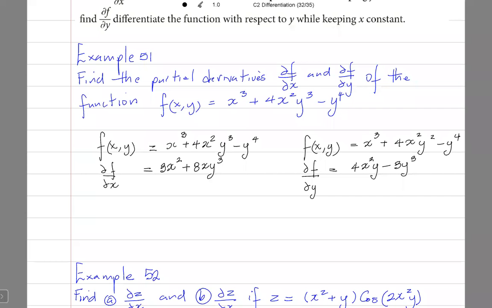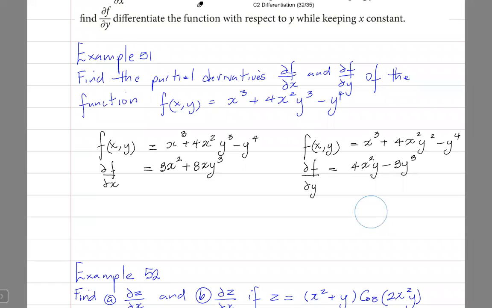All right, so there you have 3 instead of 4. I'm going to fix that here. If I differentiate x cubed partially with respect to y, I get 0.